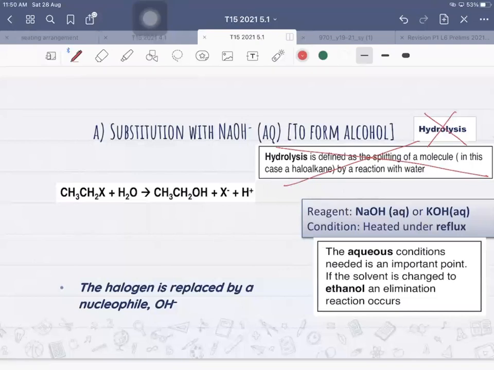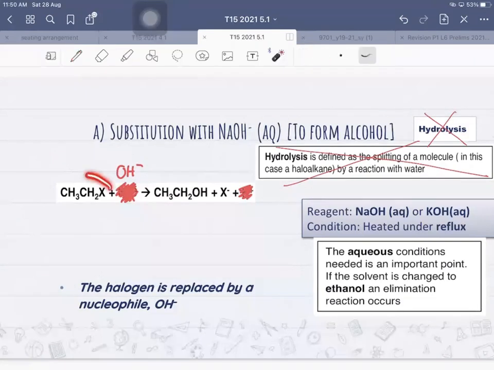That's for water. This is from the previous notes where I forgot to delete that because I've moved the reaction with water towards the end. And also this equation is wrong. So just change it: instead of H2O, change it to hydroxide.